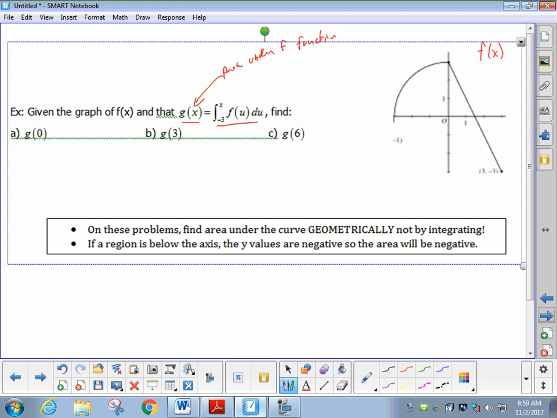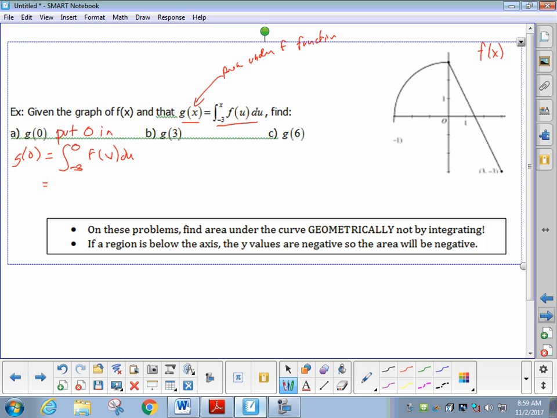If I ask you for g of 0, start by just good function basics. Put 0 in. G of 0 is that. That means x is 0. I put in 0 in place of the x, and that's what I get. Now, if I'm to then actually get a numerical answer, I need to figure out what this integral is equal to. Well, integrals represent area under the curve.